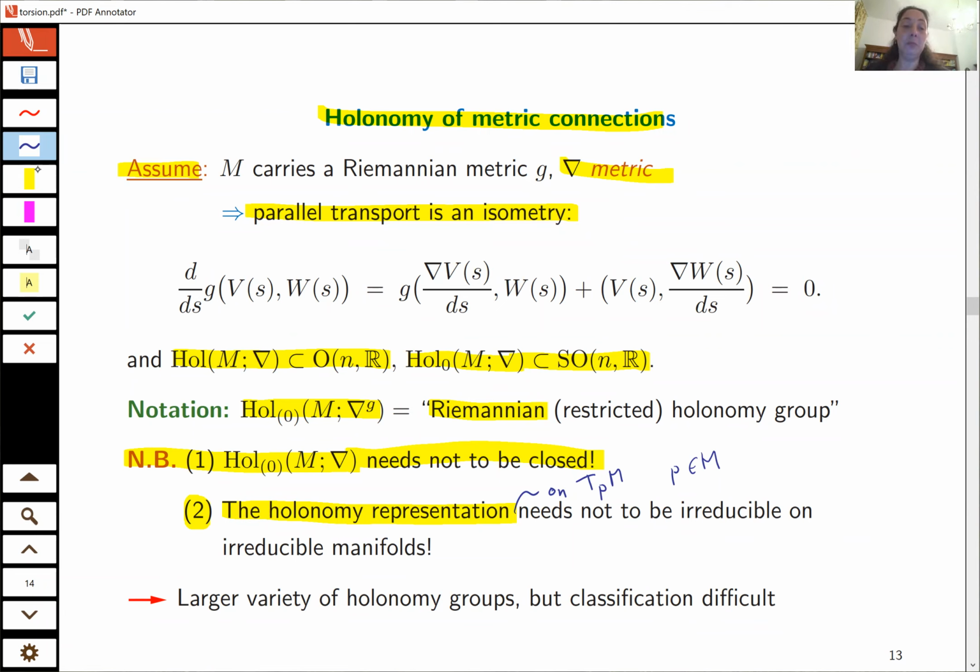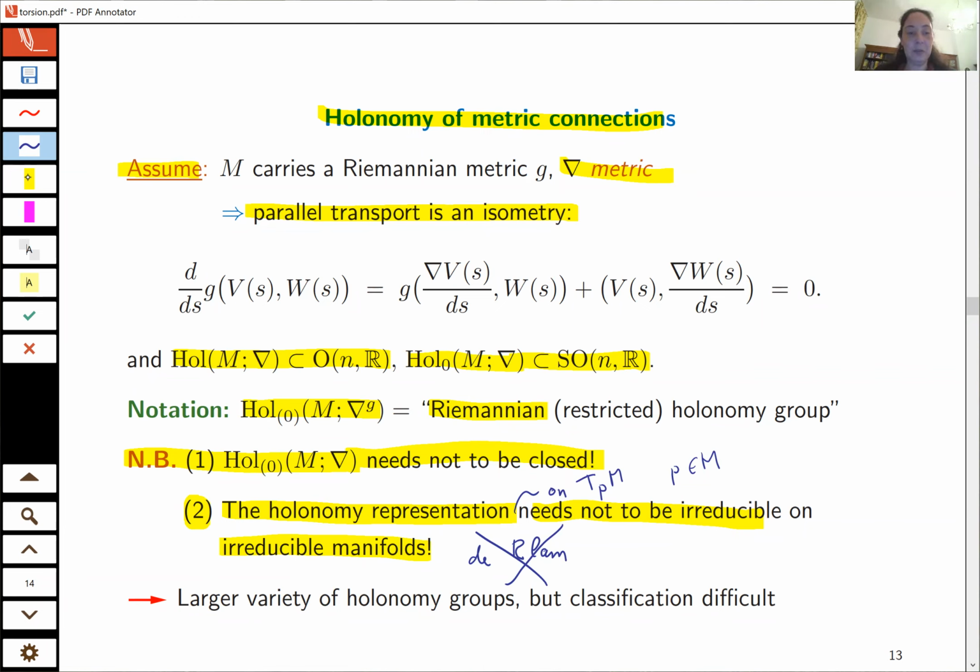So the holonomy representation on the tangent space needs not to be irreducible, even if the manifold you started with is irreducible. So this means that de Rham's theorem just doesn't hold anymore for connections with torsion. There's no local splitting principle, which would be the obvious generalization of the Riemannian case.